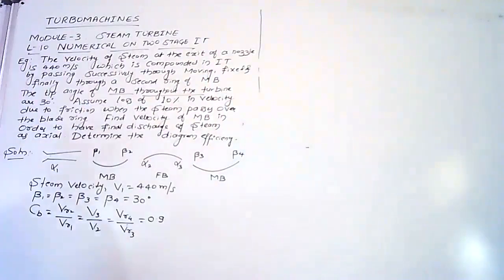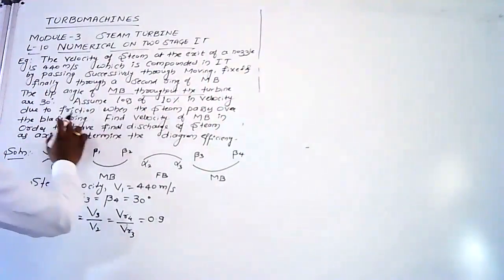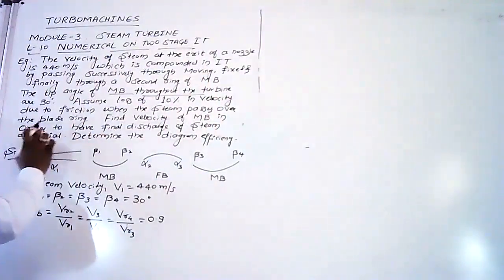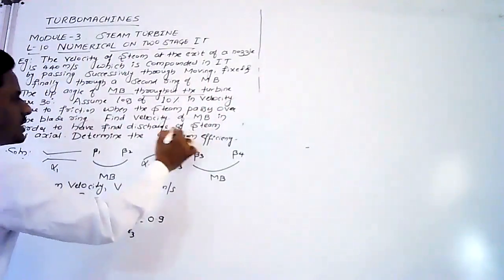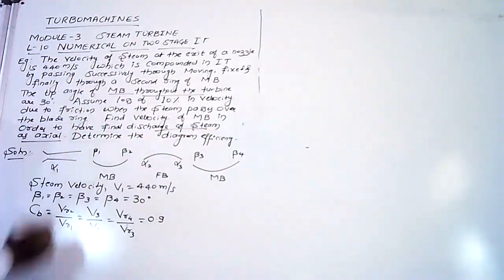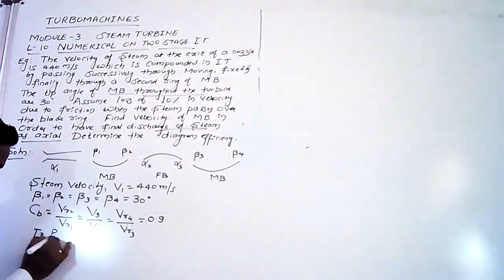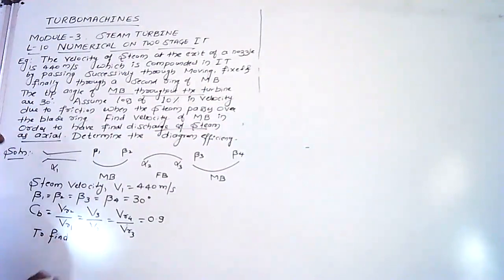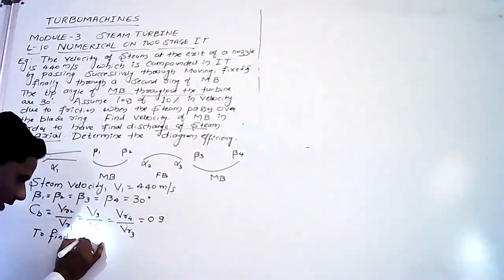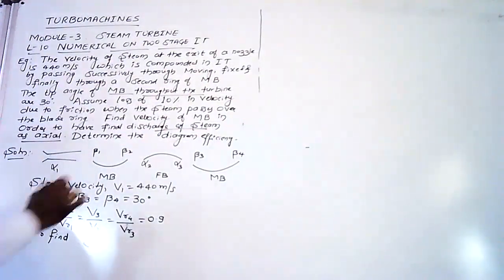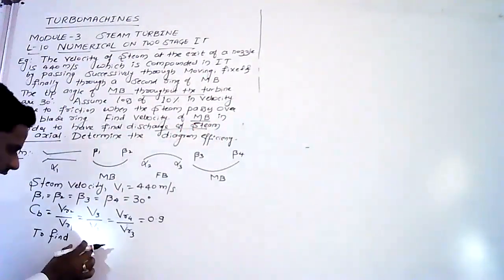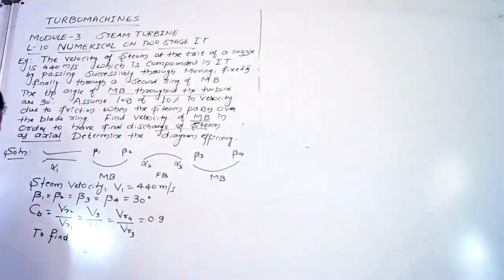Find the velocity of moving blade in order to have the final discharge of steam as axial. So what we need to get here is the velocity of blade, or the moving velocity of moving blade, which is represented by u. This we need to get.